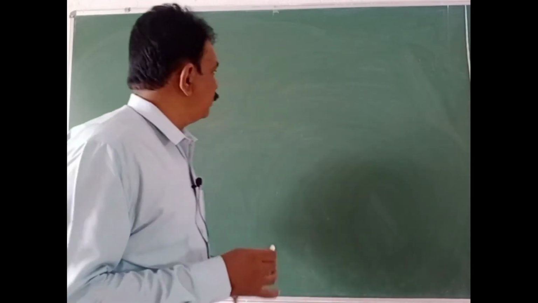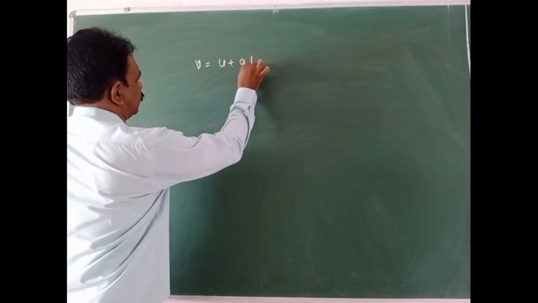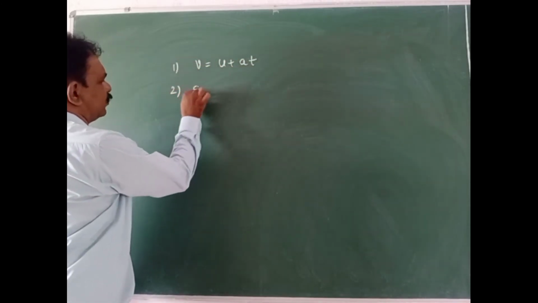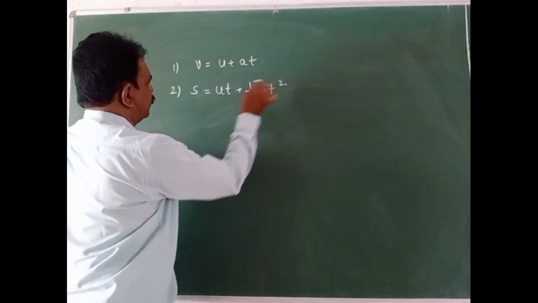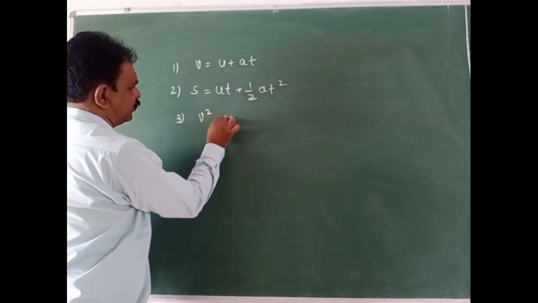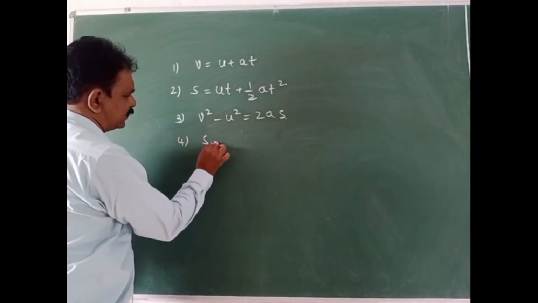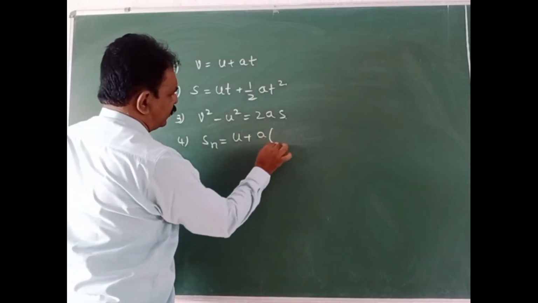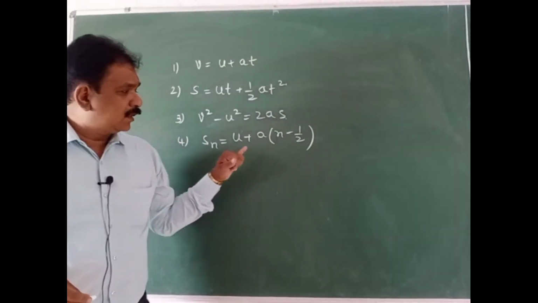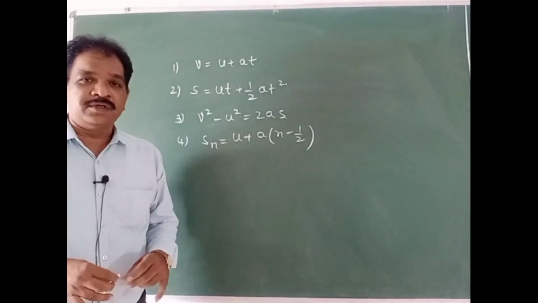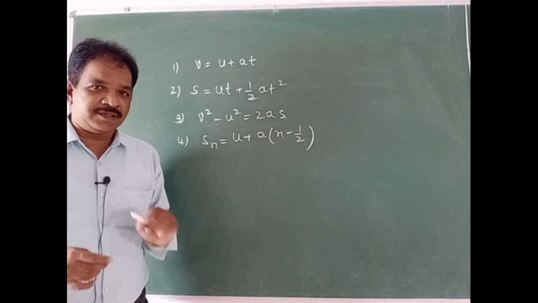The equations are v = u + at, s = ut + half at square, v square minus u square = 2as, and Sn = u + a into (n minus half). These are the four equations of motion when a body is moving with uniform acceleration.